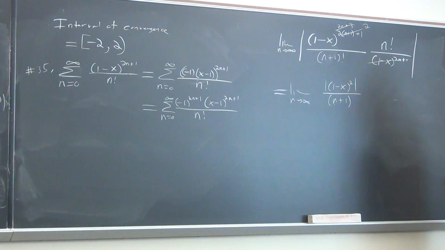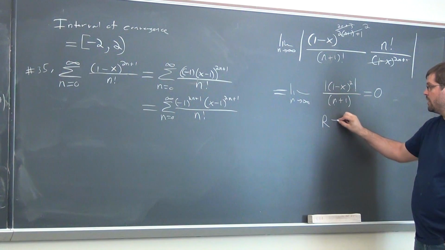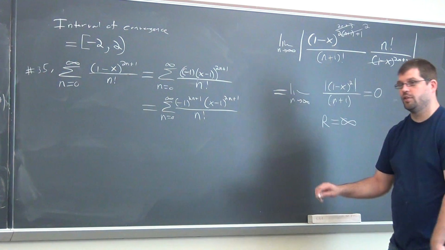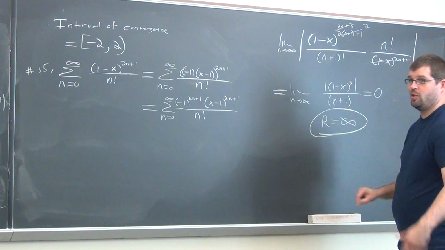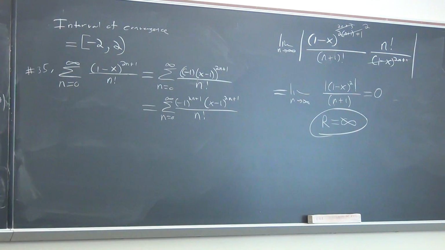So what is the limit over n plus 1? It's going to be 0, no matter what x is, right? And so you get a limit of 0, that's less than 1, and so what's that mean? Converges, and so our radius is infinite. And then your interval, you can write out the interval goes from negative infinity to infinity, but once you say the radius is infinite, that should be enough. Okay. Does that make sense?